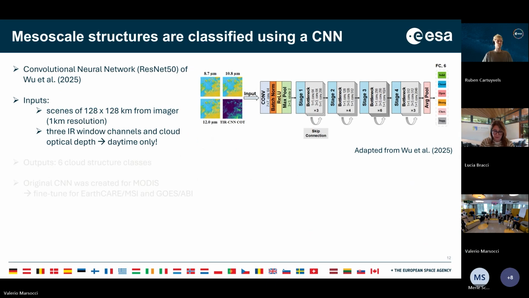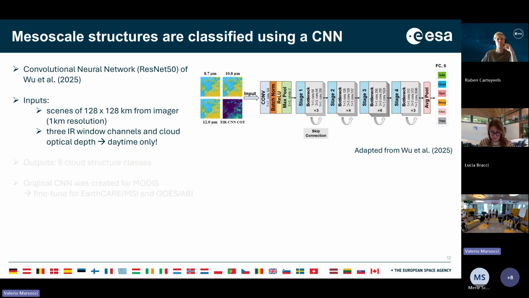Now, if we want to study cloud structures, we need to be able to detect them. And this is where the machine learning part of our work comes in. So we used a convolutional neural network to classify different cloud structures with the backbone ResNet 50.